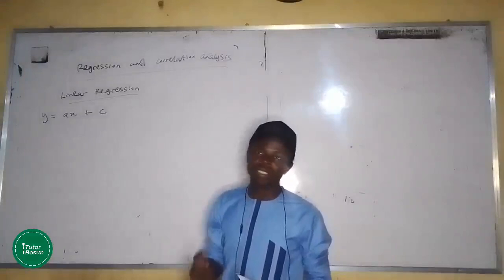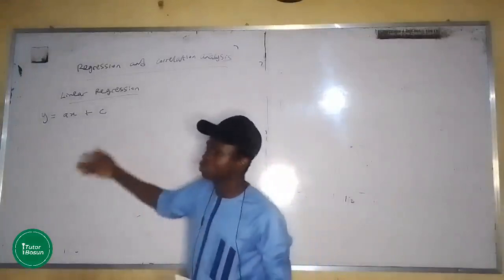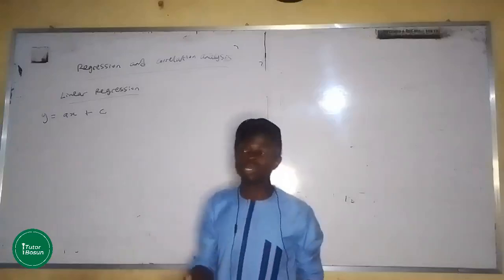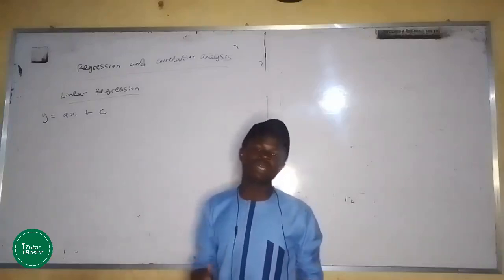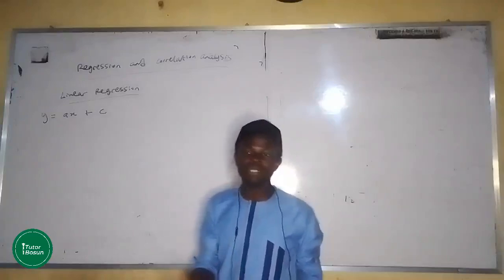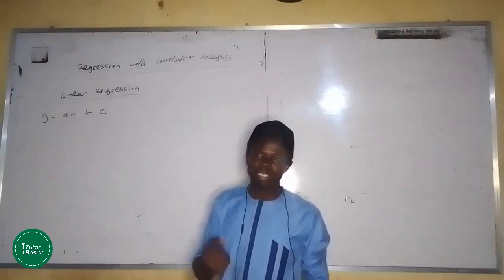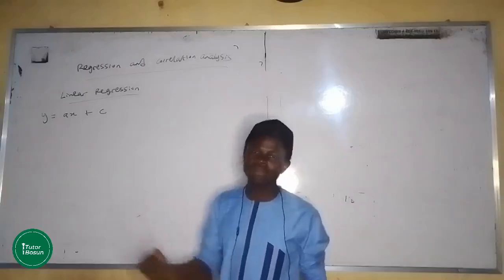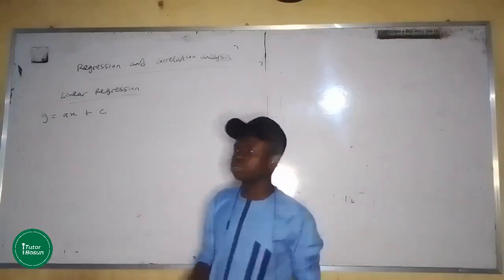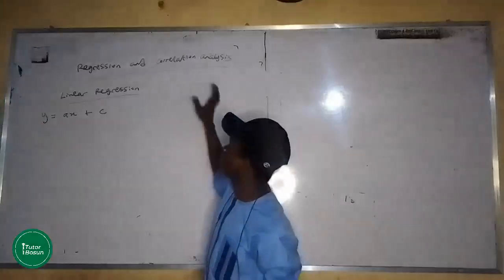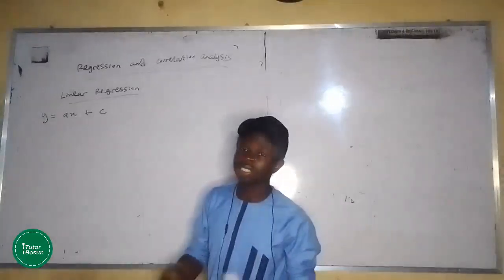It is correlation that will let us know if there is a relationship between them at all, and if there is, what is the strength, that is, what is the degree of the relationship between the variables. That's what regression and correlation analysis is all about.